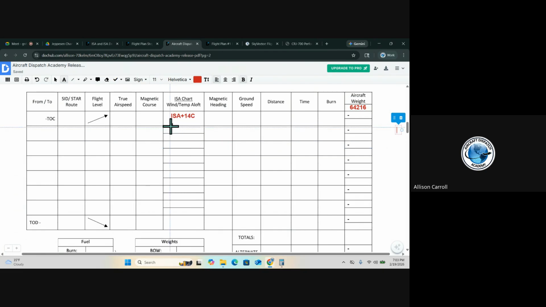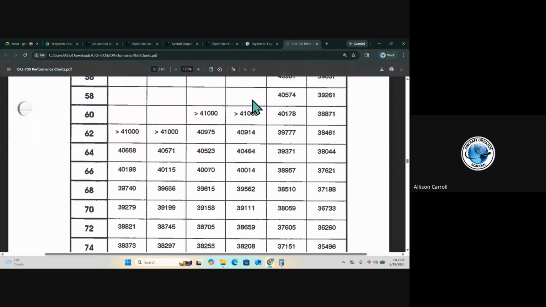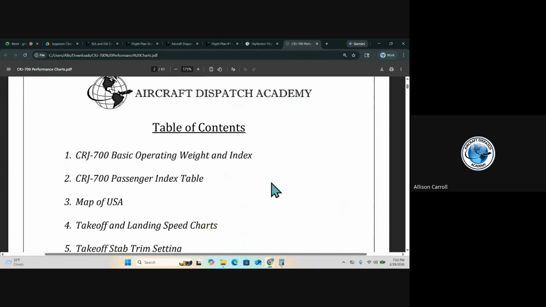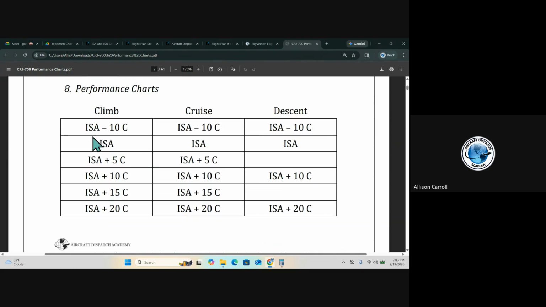What you'll notice on Monday or even Tuesday when Jaden starts going over flight plan 2, he'll look at that and say, okay, that's your actual ISA deviation, but what chart are you going to use? When you look at your performance charts, let's go back up to the table of contents. And at the bottom of this page, here are all of your climb charts, here are all of your cruise charts, and here are all of the descent charts that we have available, okay?